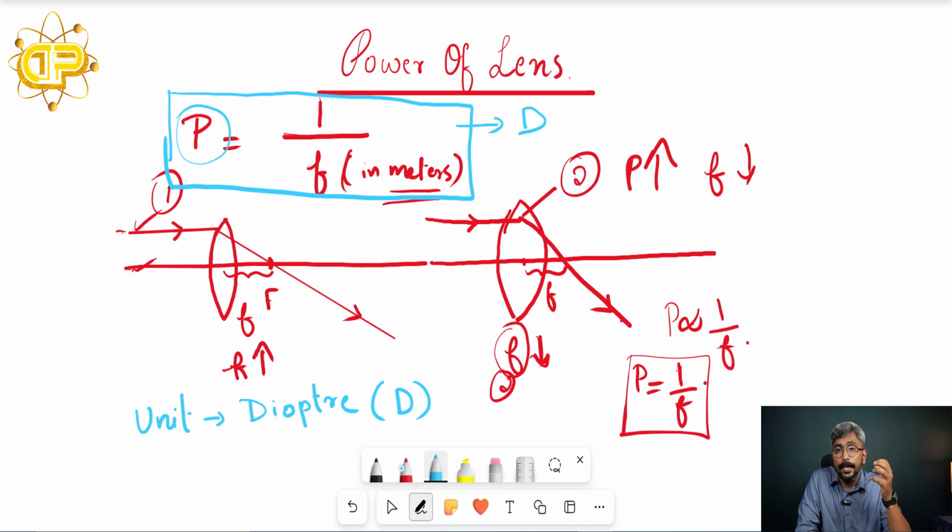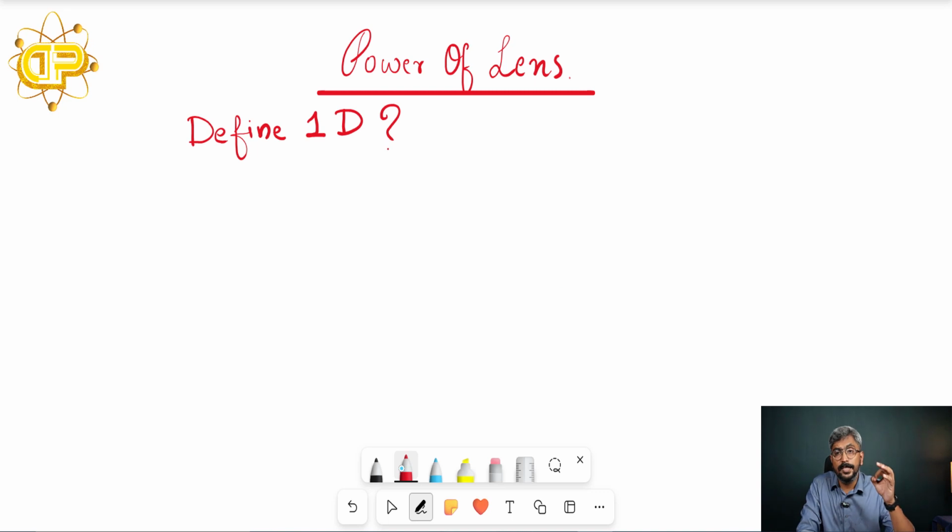Okay, now a very important question will be asked in your exams: define one dioptre. If you get such a question, first you should take the basic principle, the basic equation. What is that?